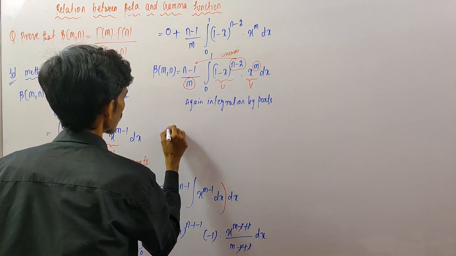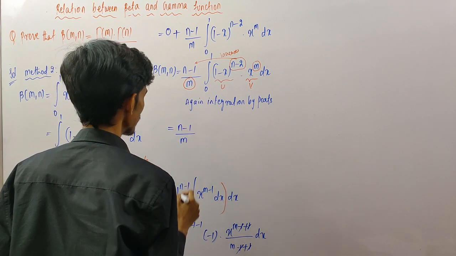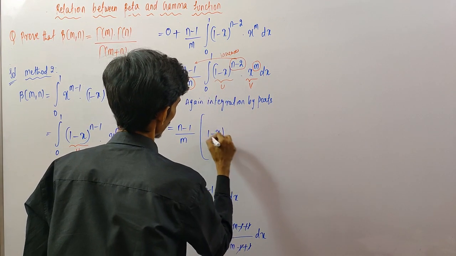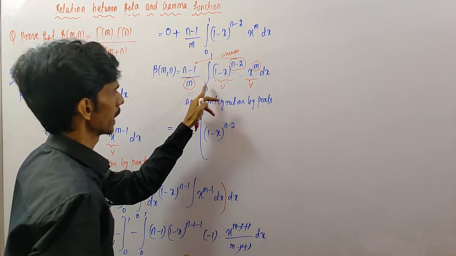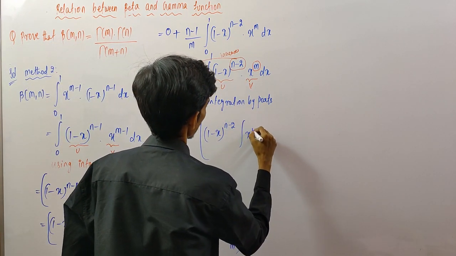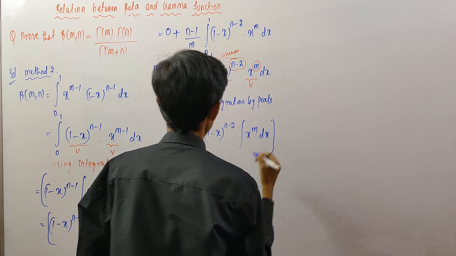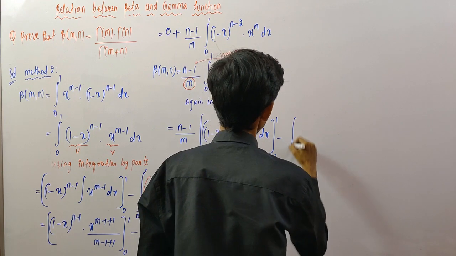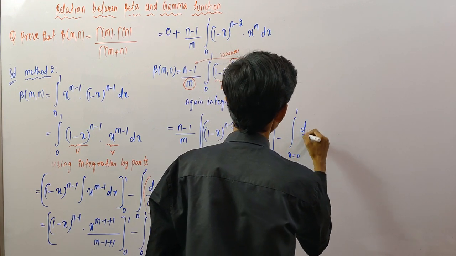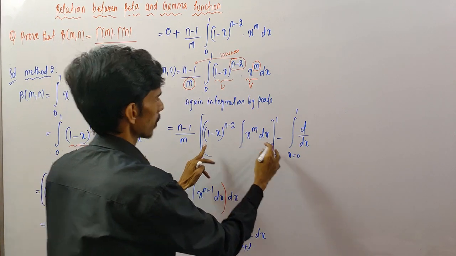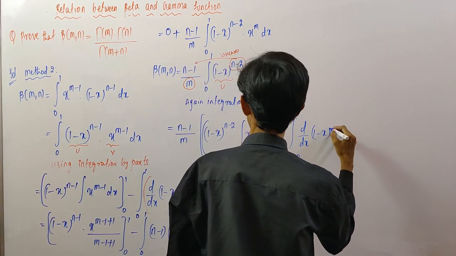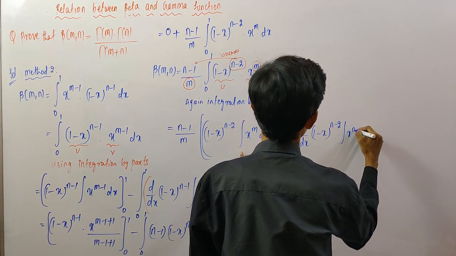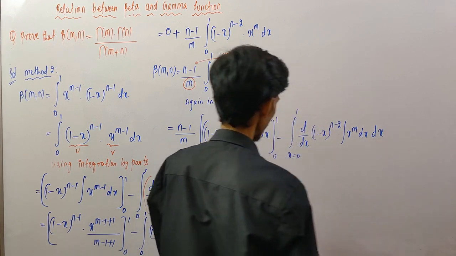So we have n minus 1 by m as it is, leaving the first function, integrating the second function, from 0 to 1, minus integration x equal to 0 to 1 of d by dx of this complete term, 1 minus x power of n minus 2, integration x power of m dx, whole dx.